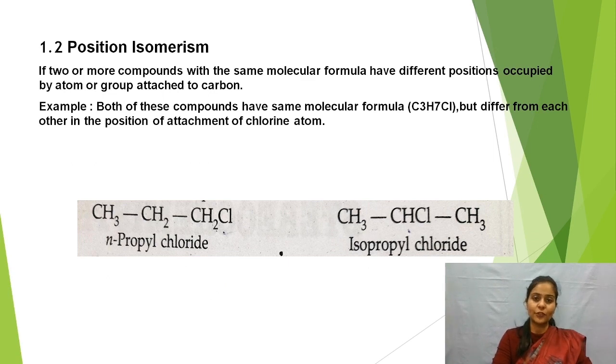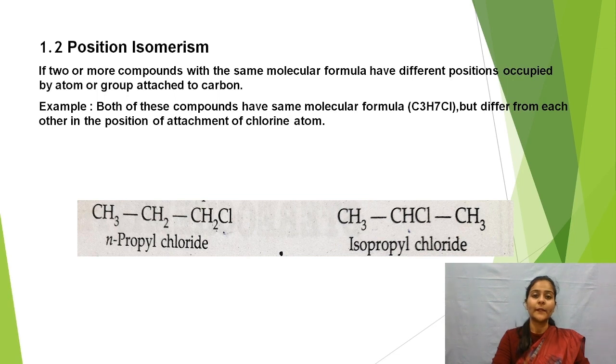Next type is position isomerism. As the name suggests, there must be a difference in the position of atoms, but the molecular formula will remain the same. According to the definition, if 2 or more compounds with the same molecular formula have different positions occupied by atoms or groups attached to the carbon, then those compounds come under the category of position isomerism.